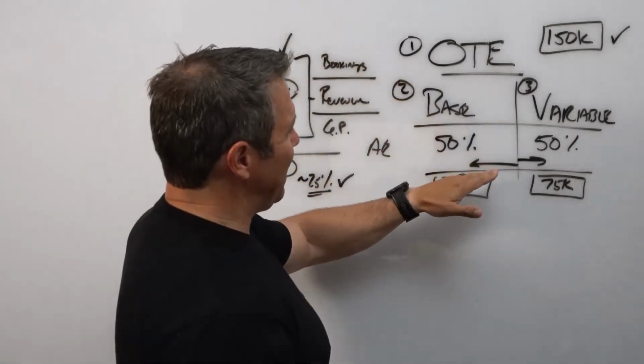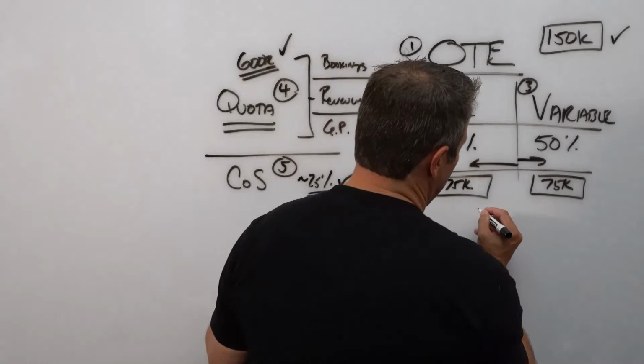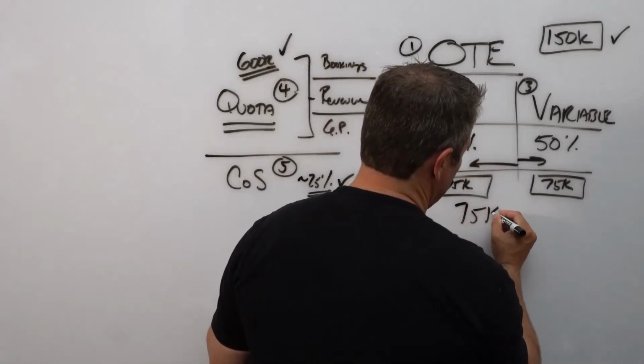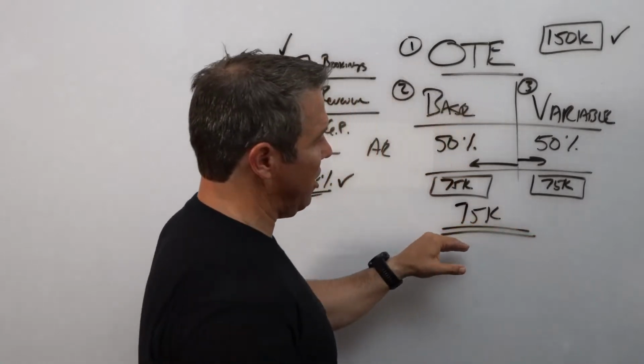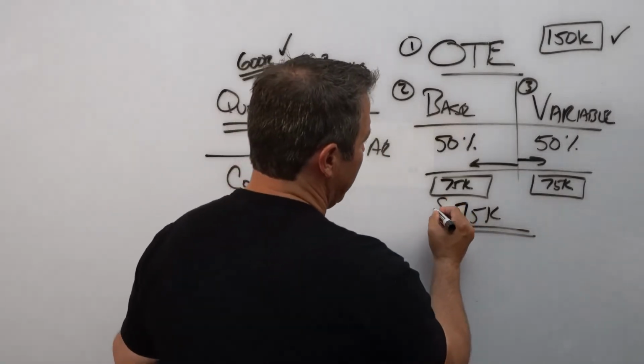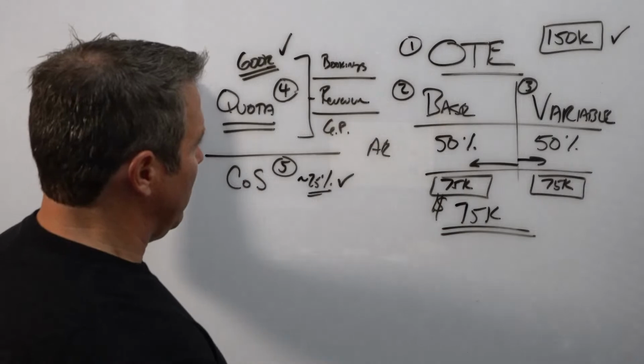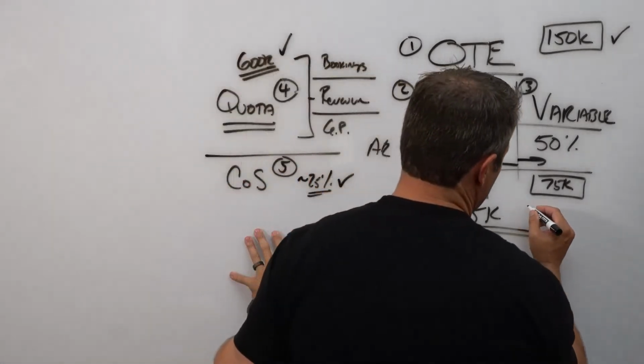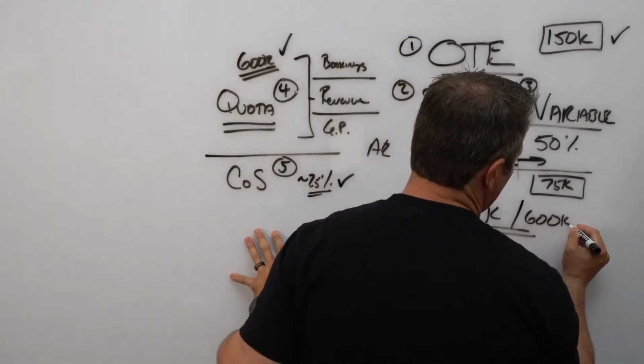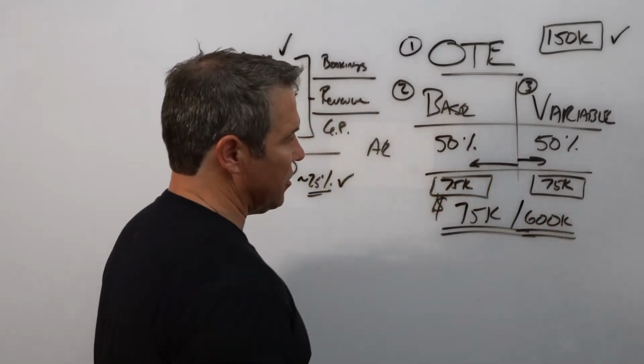When we get into base and variable, we've got 75K that we need to compensate on. We need to generate 75K in variable commission on that quota of 600K. So how do we turn 75K into 600K?